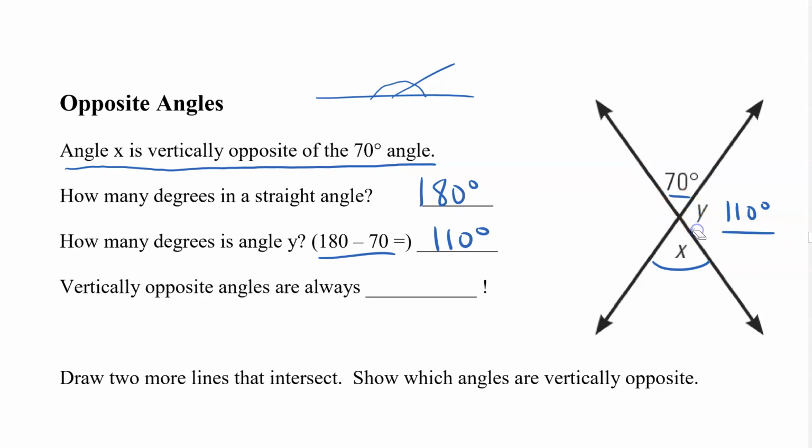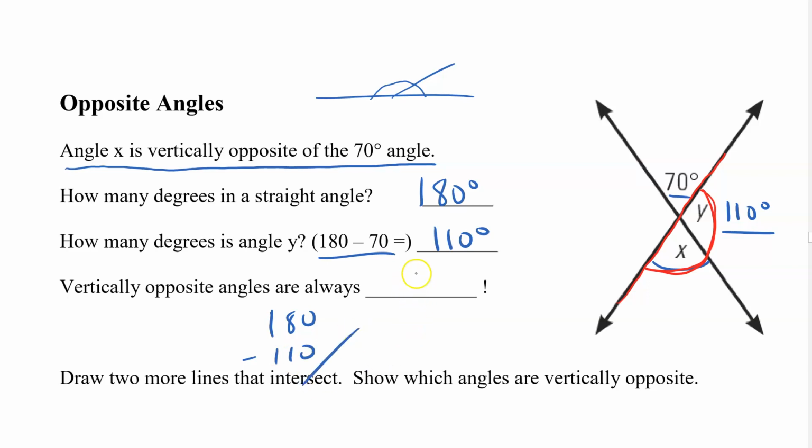Okay, so our next step is, what about angle x? Angle x is making a straight angle with y. These two added together make this straight line. So in other words, when x is added with 110, it is going to be equal to 180. So I guess the question now is, what's 180 minus 110?